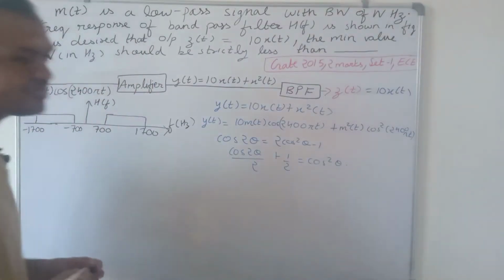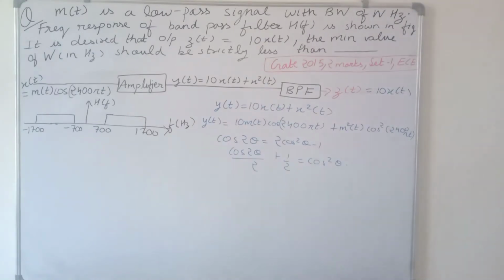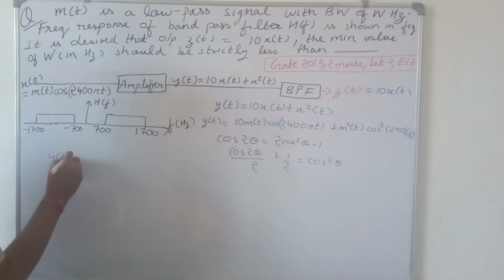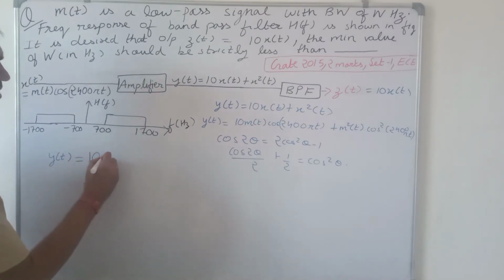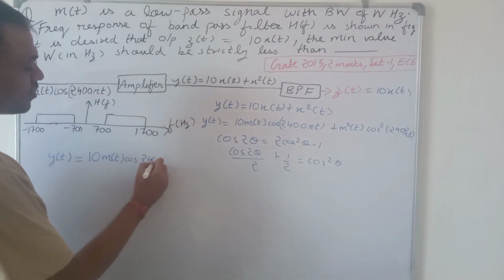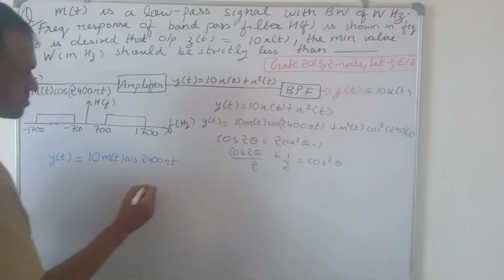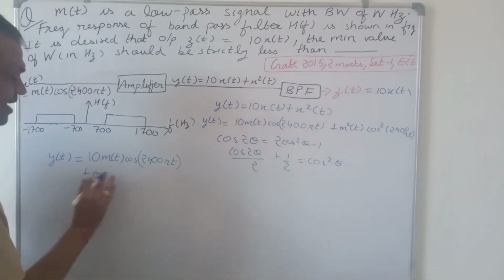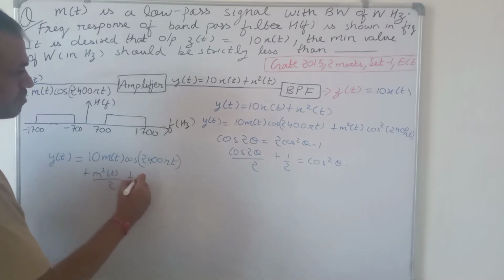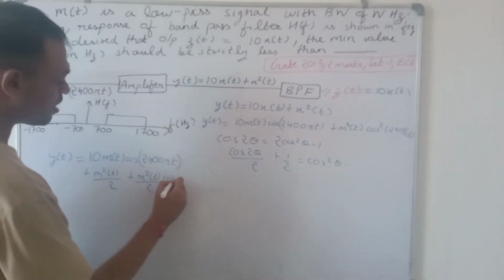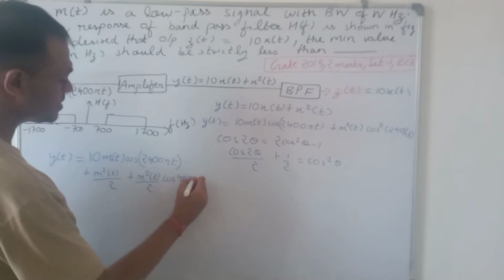So we will get y(t) equal to 10 m(t) cos(2400 pi t) plus m square(t) by 2 plus m square(t) by 2 cos(4800 pi t).